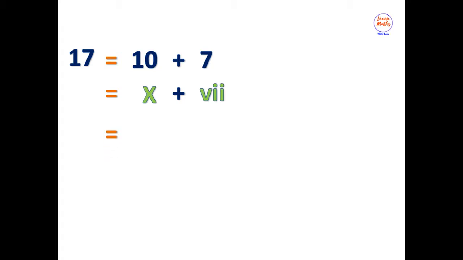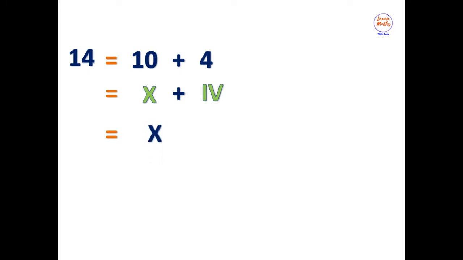So our 17 will be equal to XVII. So as simple as that. When you separate it into expanded form, then you write the Roman numeral equivalent, all you have to do is just write out the Roman numerals alone and your question is solved.